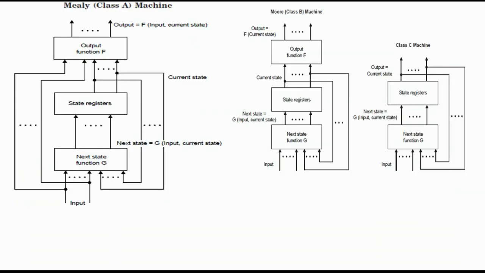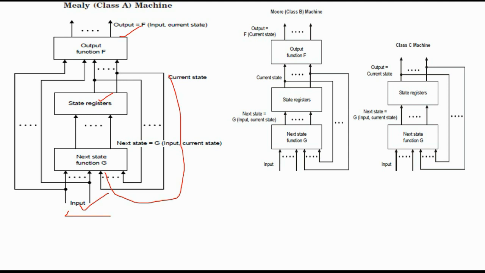Now these are the block diagram notations of the class A machine, class B machine and class C. See, what I have to tell you is, this is the output. You have taken the current state as the input, along with the present input. The current state will be obtained from the state registers, because whatever output you get is stored in the state registers.